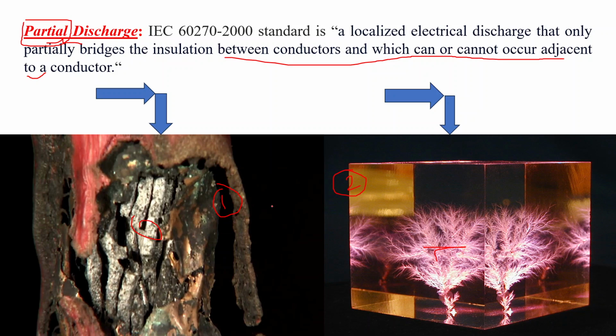These imperfections may be the result of manufacturing defects, aging or environmental factors. When the electrical field strength across these imperfections exceeds a certain threshold, partial discharge can occur.